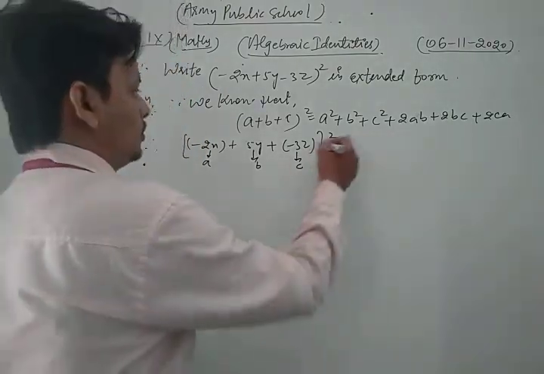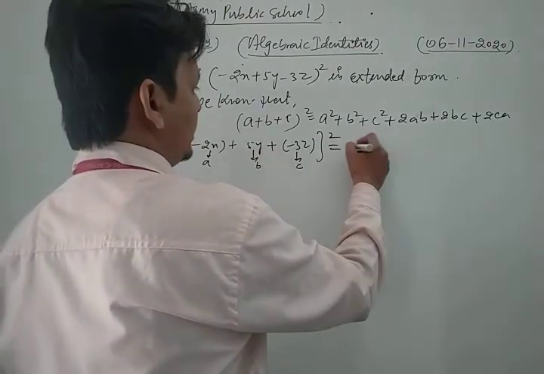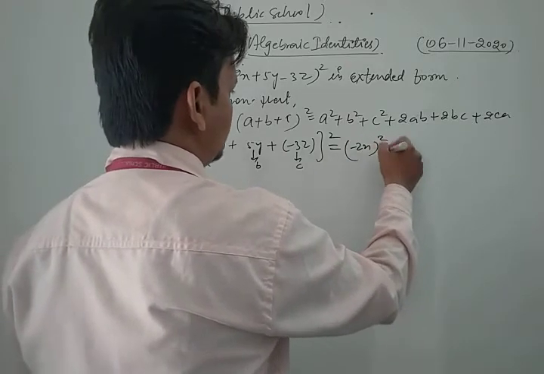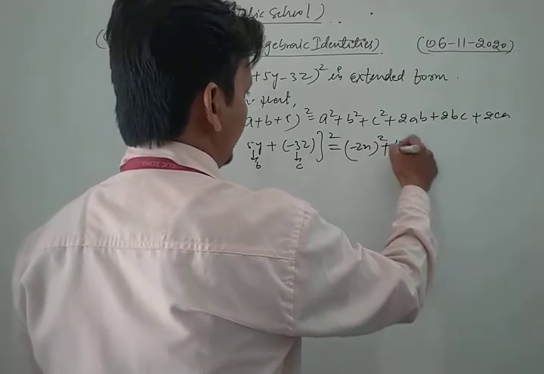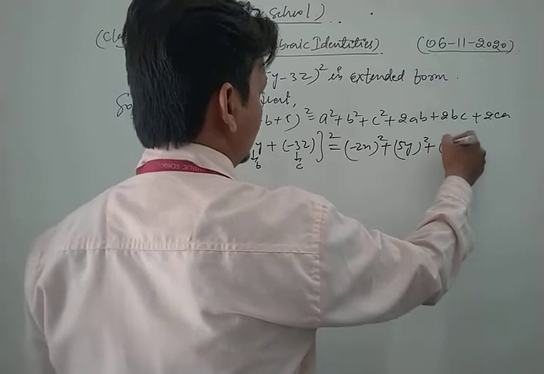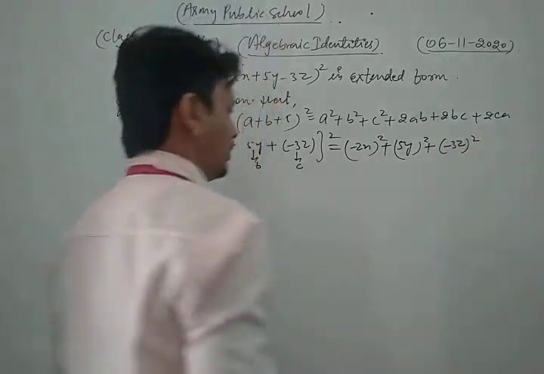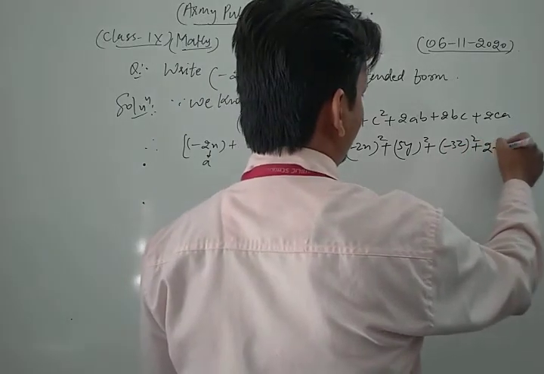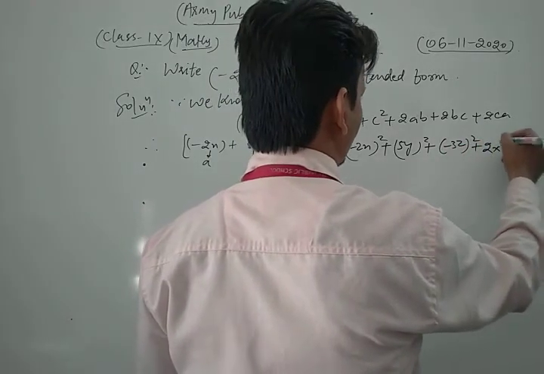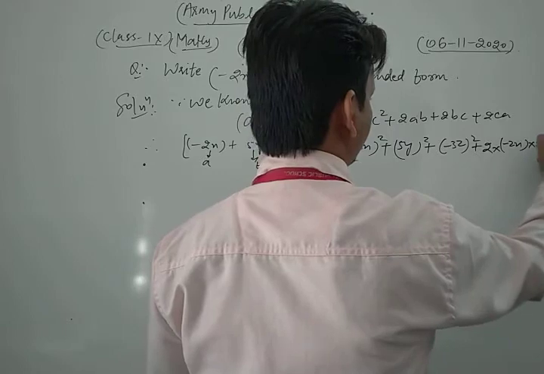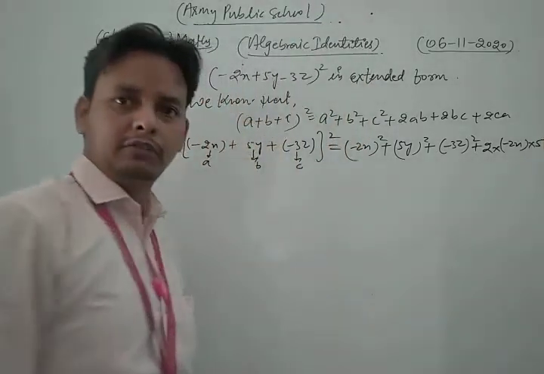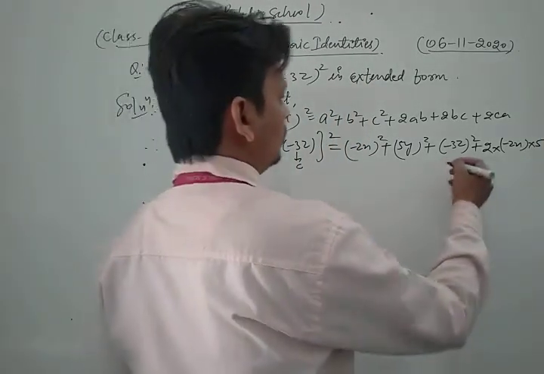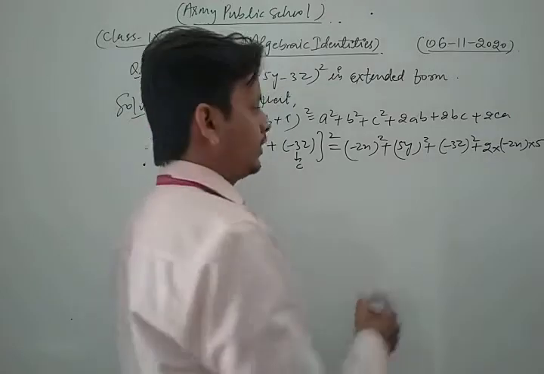Now look, this is a square. A is minus 2x. So a square plus b square means 5y square, plus c square means minus 3z square. Now plus 2ab: 2 into a, minus 2x, into b, 5y.